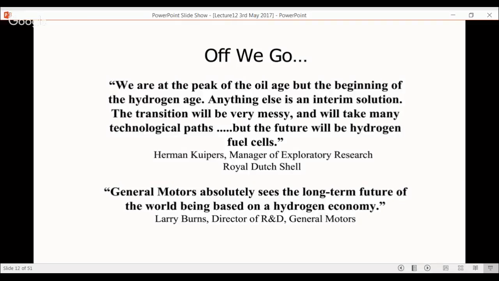So to change from an oil-based economy to a hydrogen-based economy, it will take some more time, and we have to dismantle many things and erect many things. It will take many technological steps, and another point that we should remember is we understood that oil as a fossil fuel is injurious or environmentally not friendly after 70 or 80 years of its use.